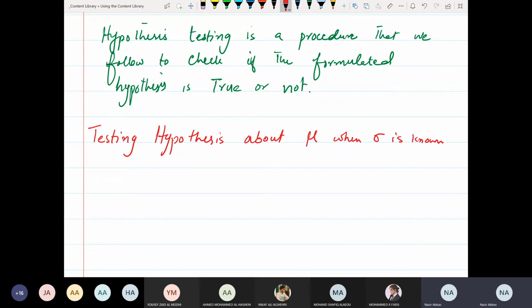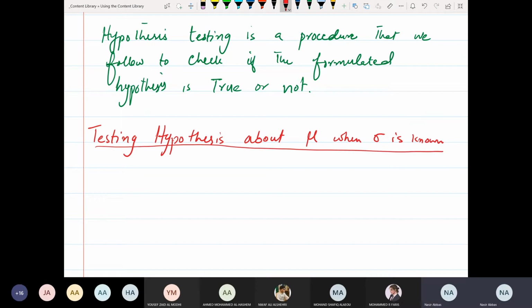We used a confidence interval based on Z distribution. And when sigma was unknown, we looked into the T table. That is because when sigma is unknown, the distribution of x bar minus mu over S over square root of n follows a T distribution. I will discuss that second case later when sigma is unknown.